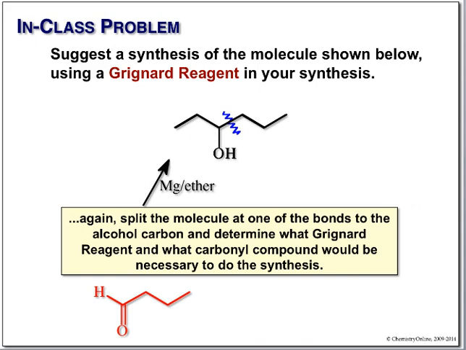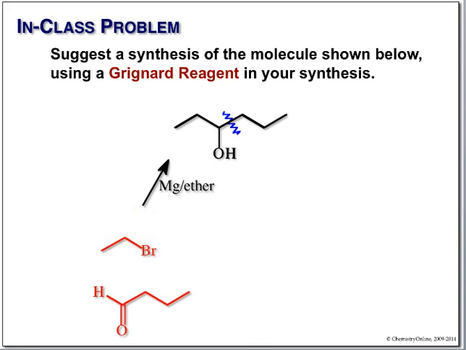Our carbonyl compound was an aldehyde with a 2-carbon chain attached. And the pair looks like this. Propane and propanal, also called propionaldehyde. Any questions?